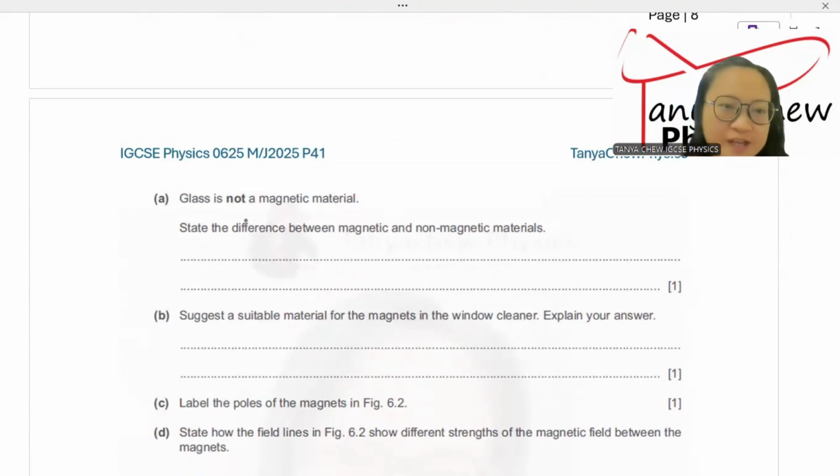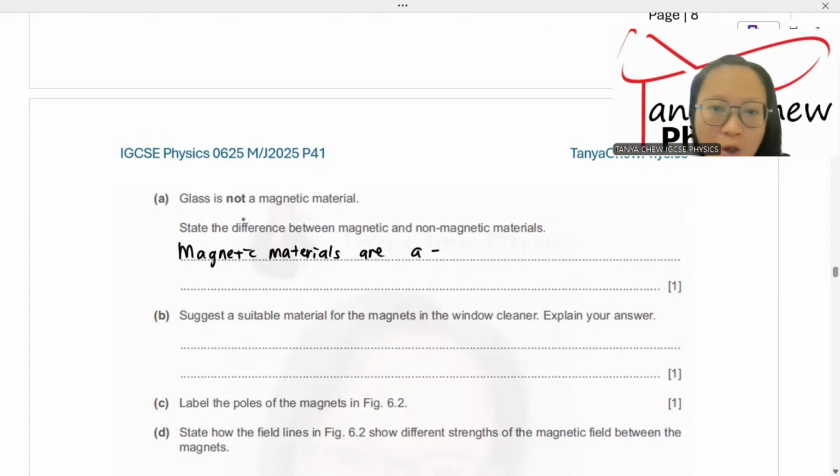Okay, I am going to state that magnetic materials are attracted, they are only attracted to magnet.